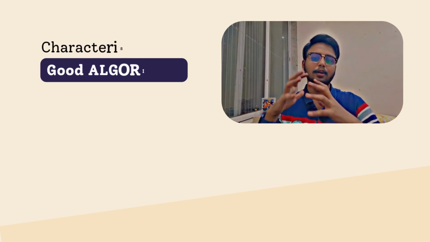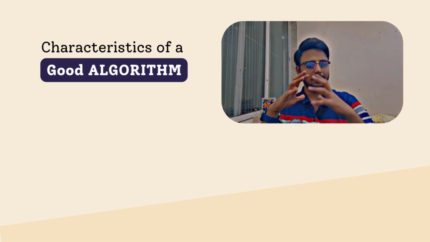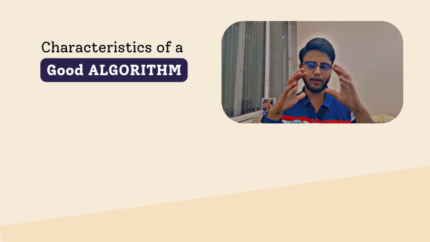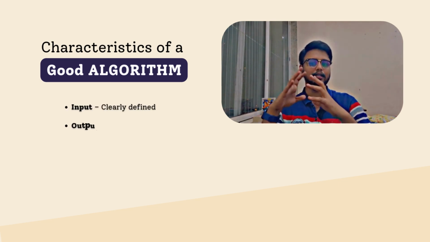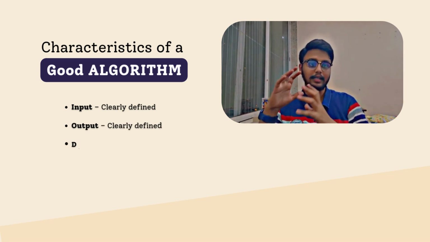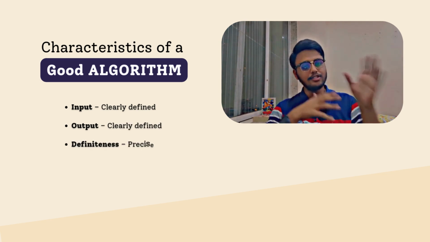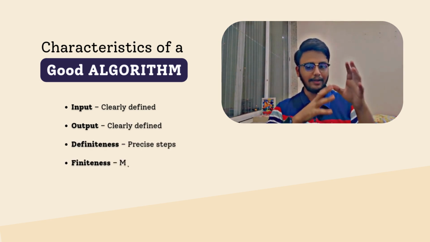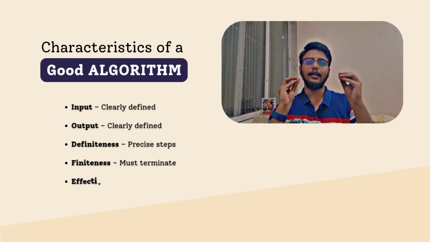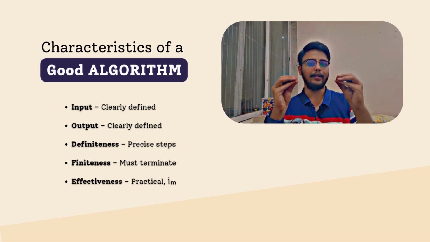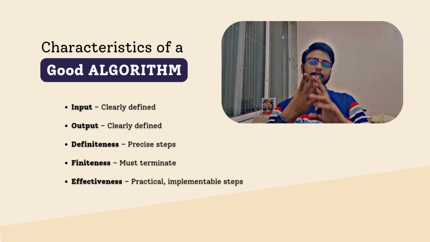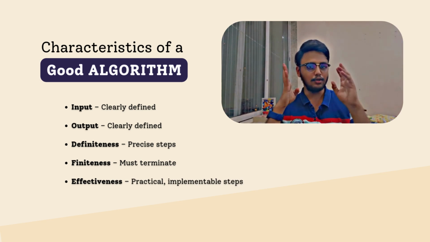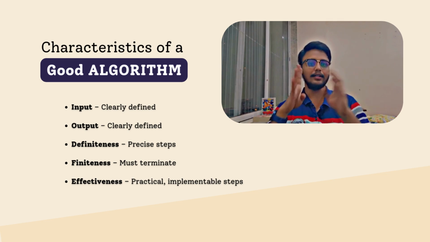So what can be called a good algorithm? A well-designed algorithm has these five important characteristics. First and foremost, which is the most important, a clearly defined input, and it should provide a well-defined output as well. Then the algorithm should be definite, the steps must be precise. The fourth one is finiteness. The algorithm should always terminate after a certain number of procedures, a certain number of iterations.